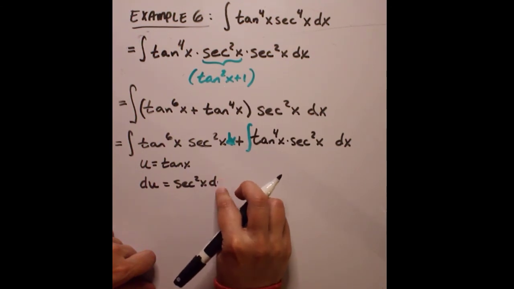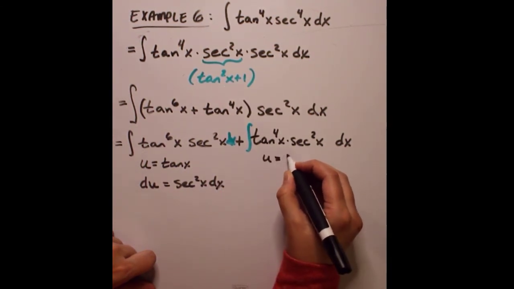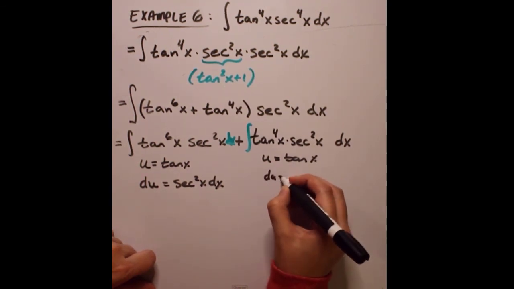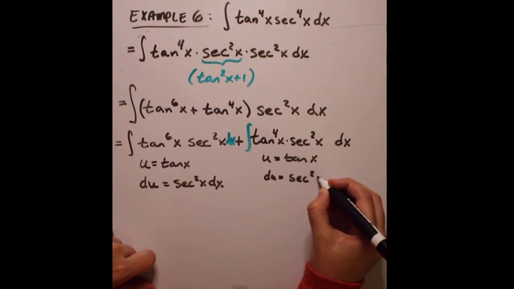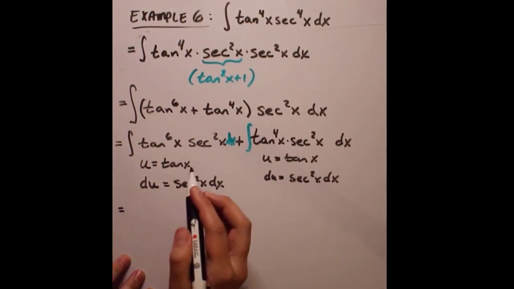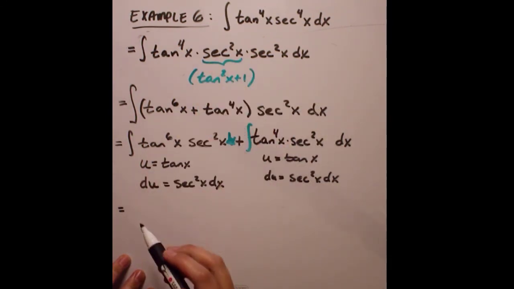Very much the same thing back here. U is tangent x, and so du, same exact thing, is secant squared x dx. Alright, so this is much better because we separated the two secant squareds that we had at the beginning.